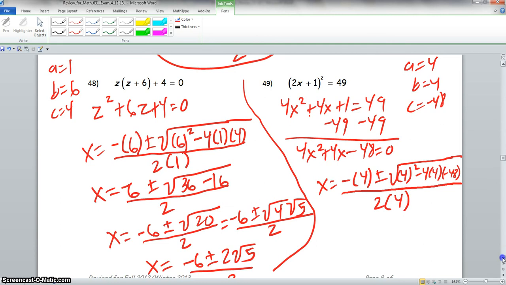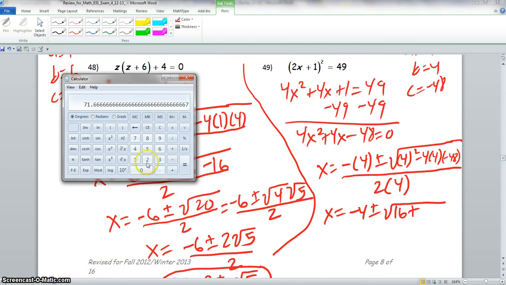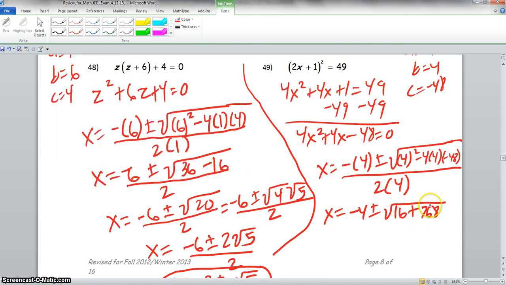And as you see, all we're doing is substituting. So we will have x is equal to negative 4 plus or minus the square root of, we have 4 to the second power, which is 16. First of all, we have a negative times a positive times a negative, which we know is positive. Now, we can use our calculator to multiply 4 times 4 times 48, which gives us 768.